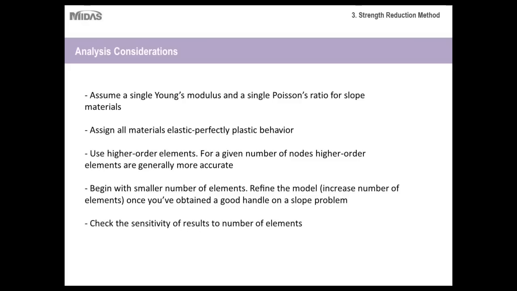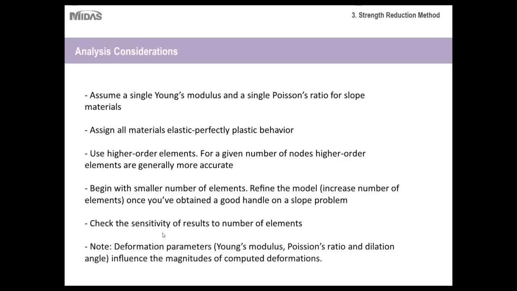See how your results differ depending on how many elements you use, because sometimes the number of elements doesn't have much of a difference on your factor of safety or your deformation, whereas some projects might be extremely sensitive to the number of elements. So it's always good to have one analysis case run with a large number of elements and one run with a smaller number of elements, so you can see how it's affecting your results.